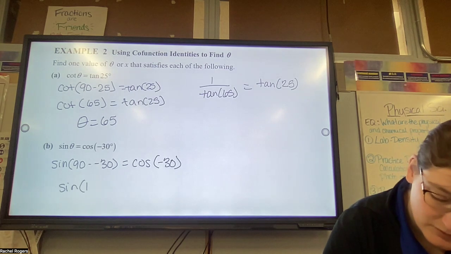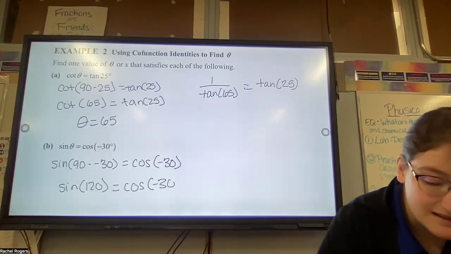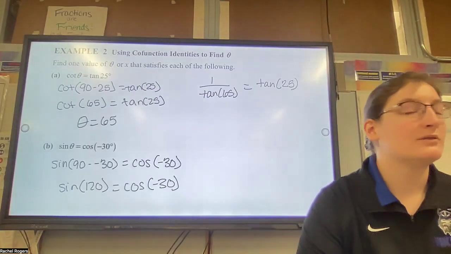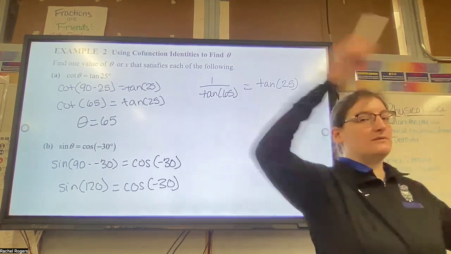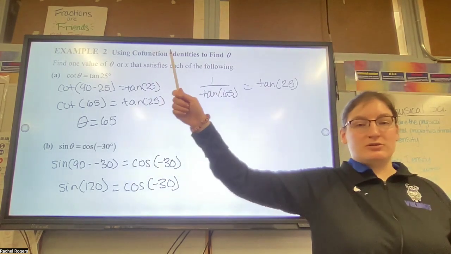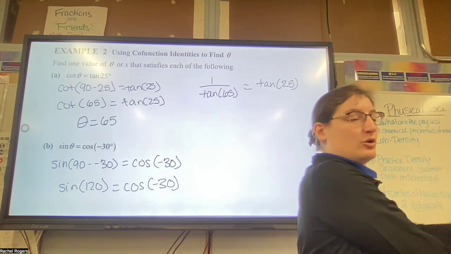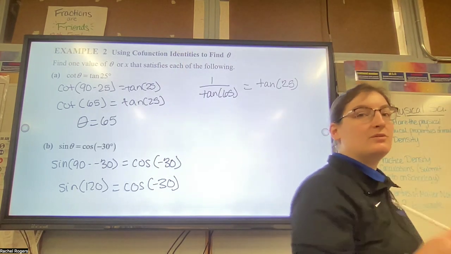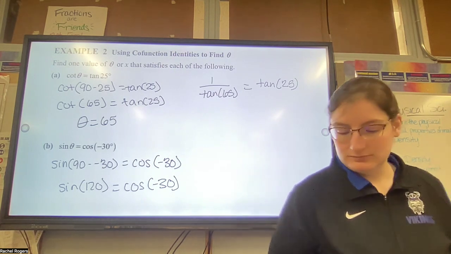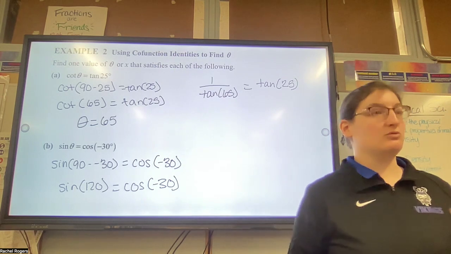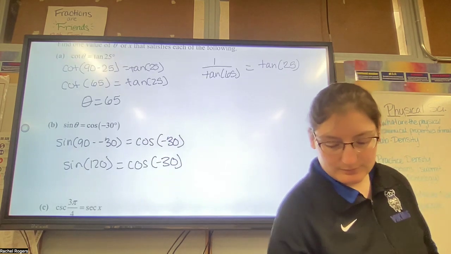So sine of 120 is equal to the cosine of negative 30. That also takes care of any negatives along the way, because sine of 120 is a positive number since it's a y coordinate in quadrant 2, and the cosine of negative 30 is an x coordinate in quadrant 4, which is also positive. So you don't even have to think about the quadrants when you do it this way, as opposed to reference angles, where you do have to think about the positives and negatives.